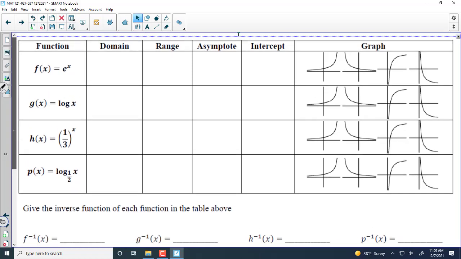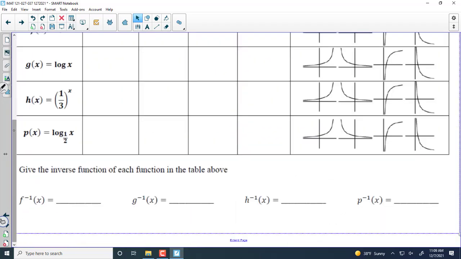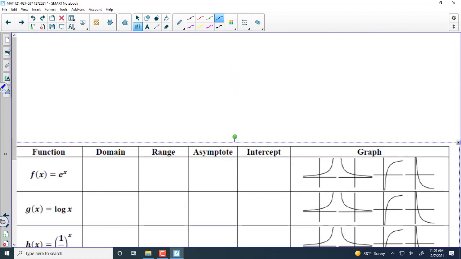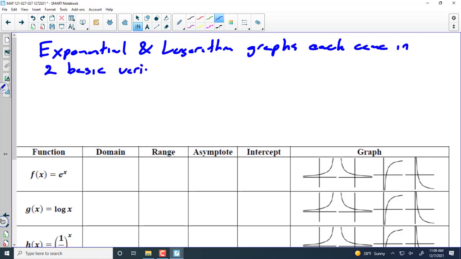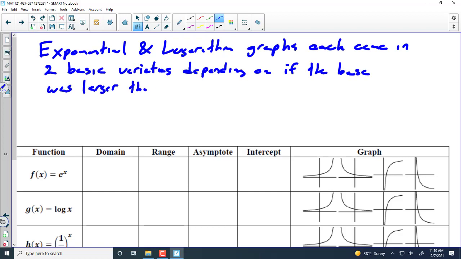And let me actually make a few comments before we do this one. Exponential and logarithm graphs each came in 2 basic varieties, depending on if the base was larger than 1 or between 0 and 1.